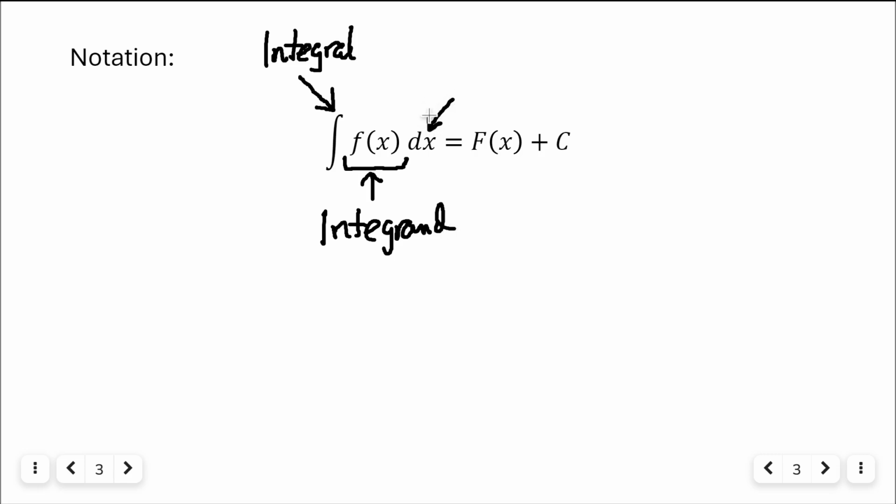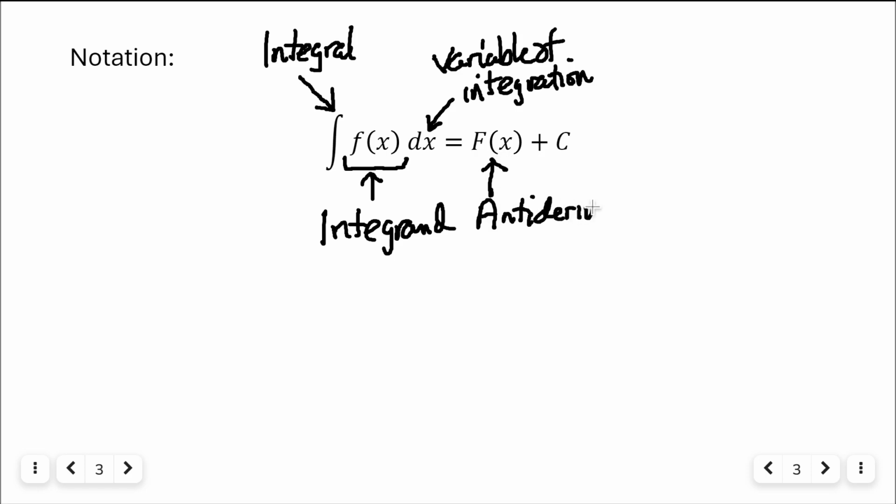The dx, which will be important, and you'll figure out why in a few minutes, is the variable of integration. Big F of x is the antiderivative. And the plus c is the constant of integration.